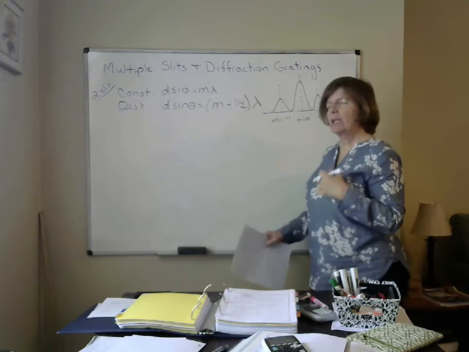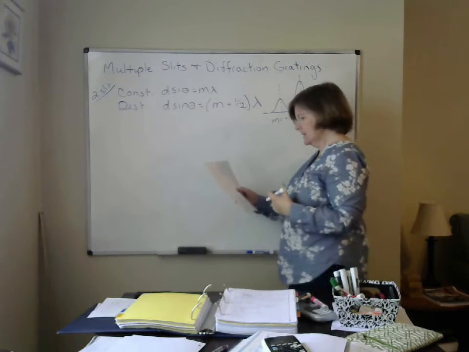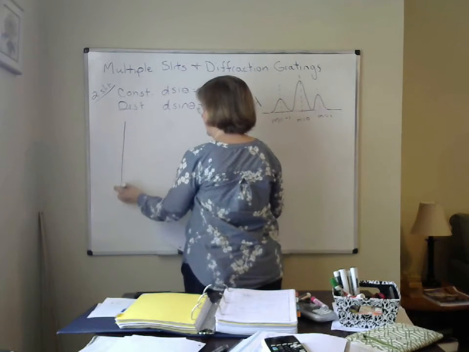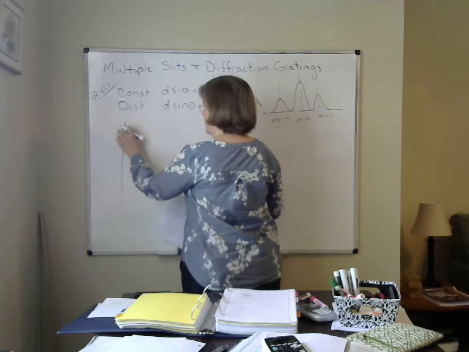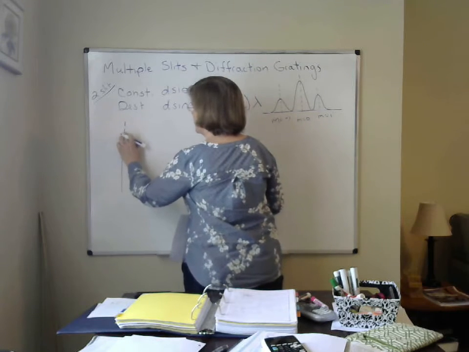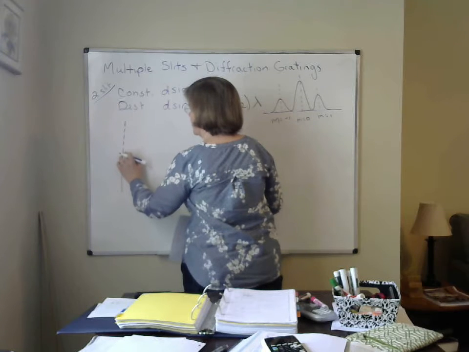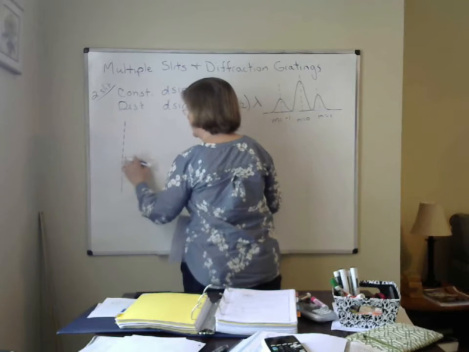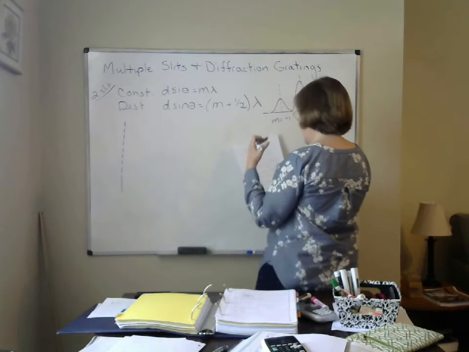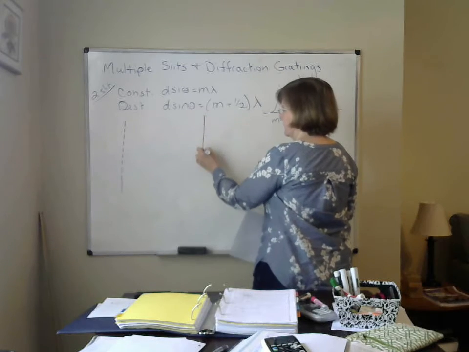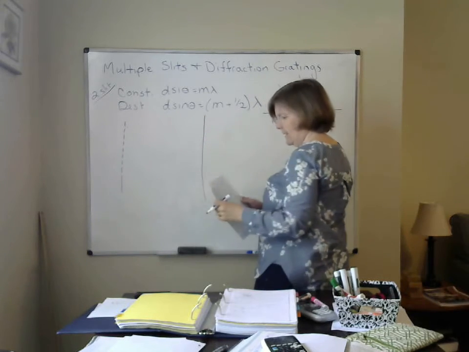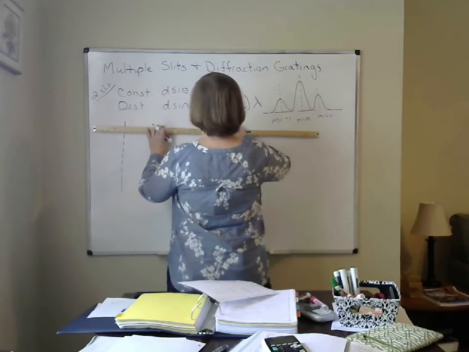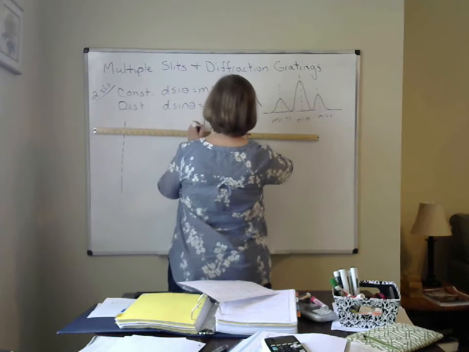What happens if we use multiple slits? Let's suppose that we use 8 slits instead of 2. 1, 2, 3, 4, 5, 6, 7, 8. Now that's not perfect, but we get the idea. I wish they were perfectly spaced. I have 8 sources. There's going to be some point. I'm going to draw a point right here.